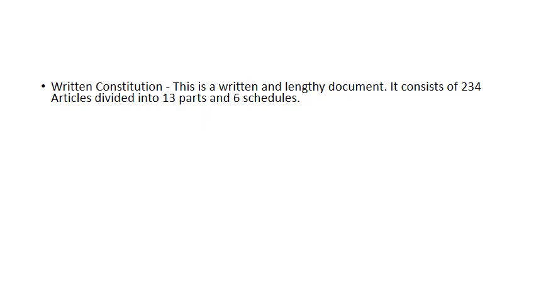Such constitutions are called written constitutions because they are present in the shape of a book. So the Constitution of 1956 was a written constitution with 234 articles, 13 parts and 6 schedules.